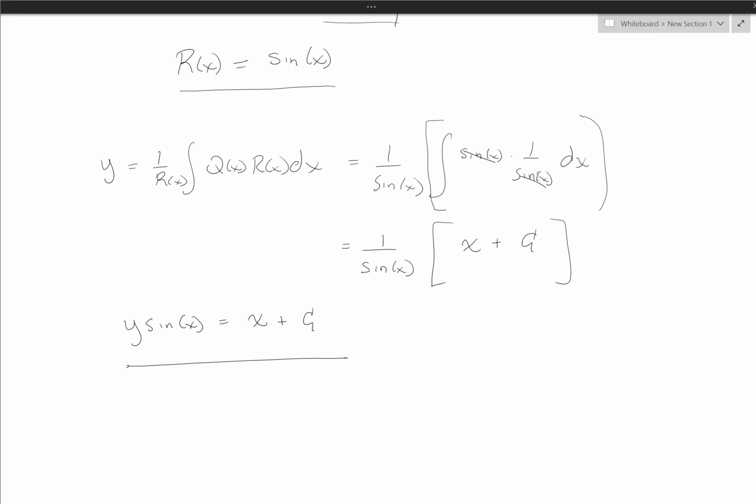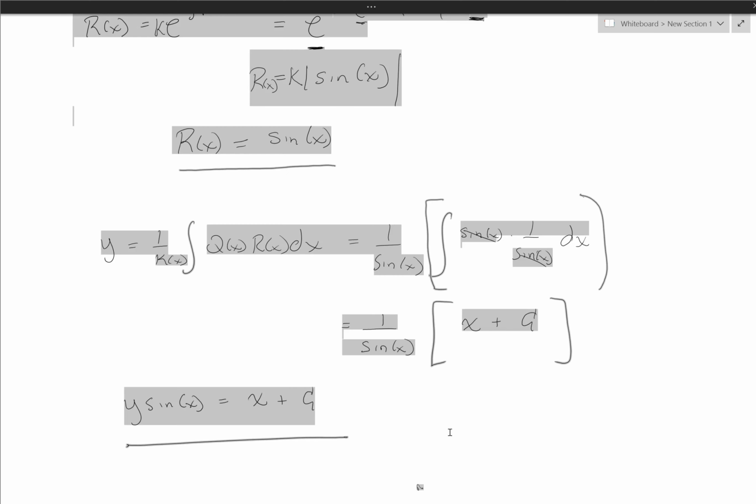Okay, let's take a look at another example. So let's clear out our table here. Okay, and let's take a look at the next equation. So what we want to solve here in this example, example C, is y prime plus, now here's what we're going to have.